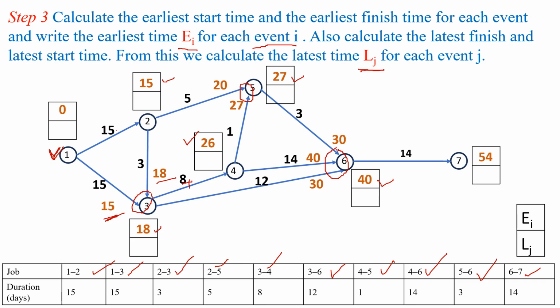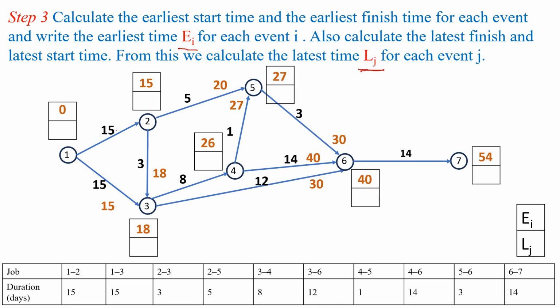So next we have to determine the latest start time and the latest finish time by the backward pass computation. Here I have to start with the last event, and we consider the latest finish time equal to the earliest finishing time.